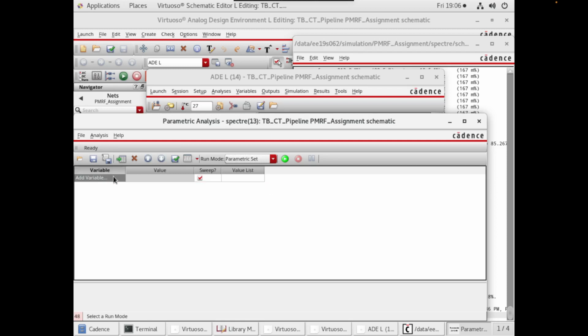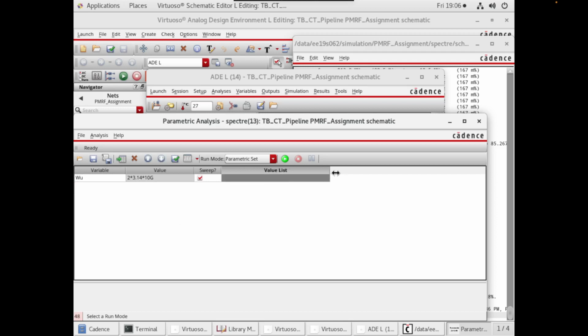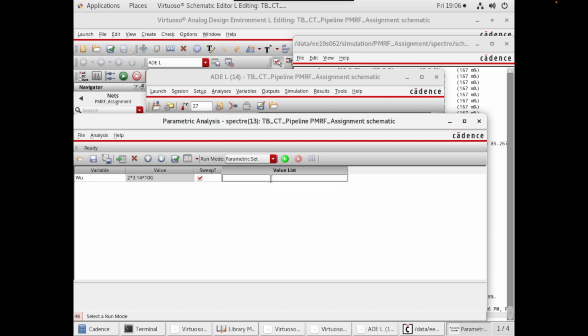So we will have two values. One is the ideal value, let's say some 1000 gigahertz. So this will give us the actual transfer function, and the other is 10 times.